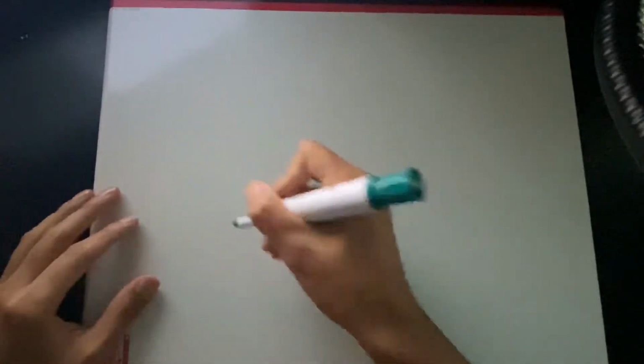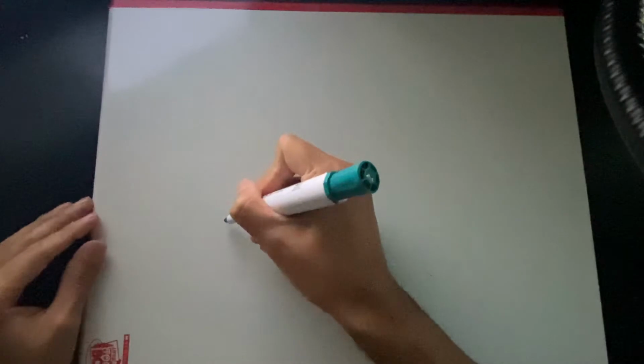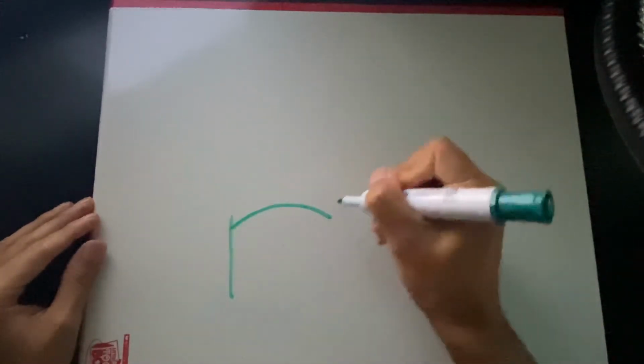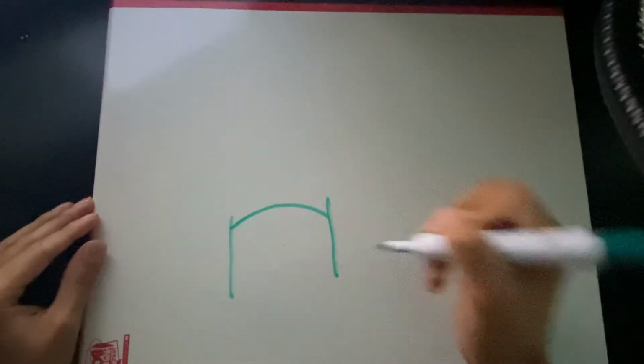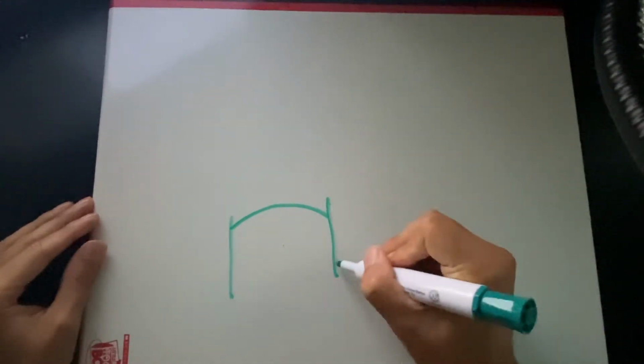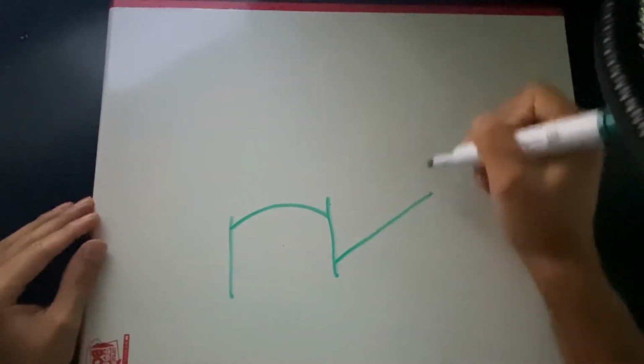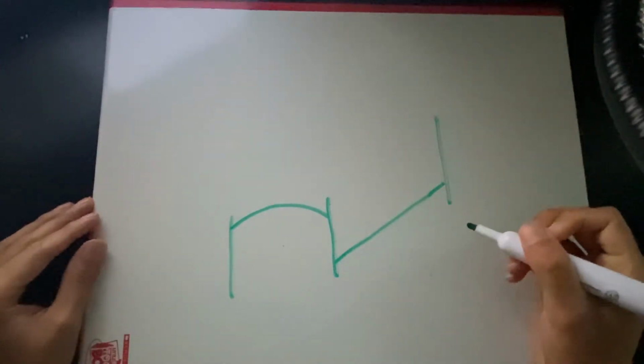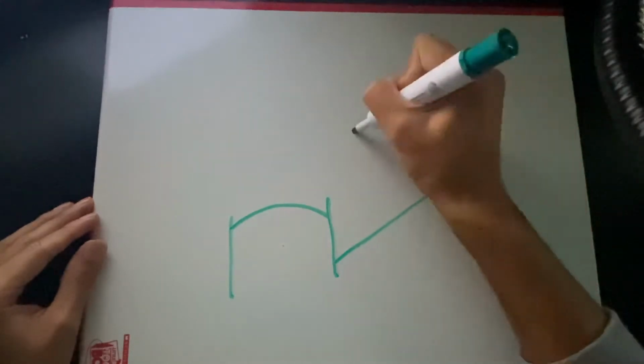So how would I do this? So I would do this by starting off with the bed frame. So I'm gonna draw the bed frame first. That's one leg, then the arc, the other leg, the bottom of the bed, maybe a little bit more space. That's the top of the frame.